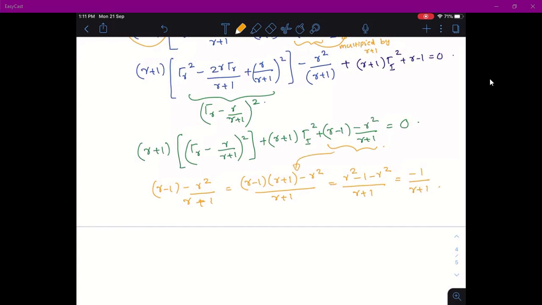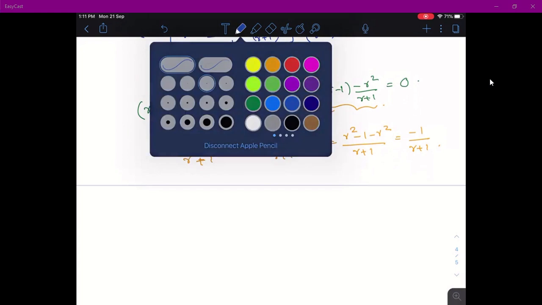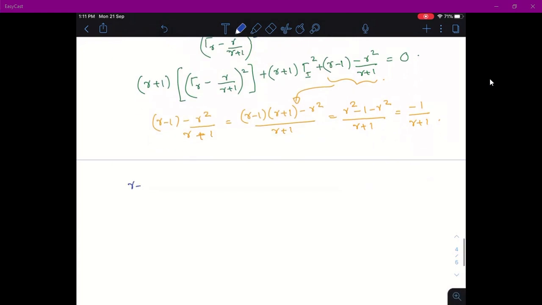So I can again write r plus 1 into tau r minus r by r plus 1 whole square plus r plus 1 into tau I square is equal to 1 by r plus 1, because on the left hand side it is minus 1 by r plus 1, you take it to the right hand side, it is 1 by r plus 1.